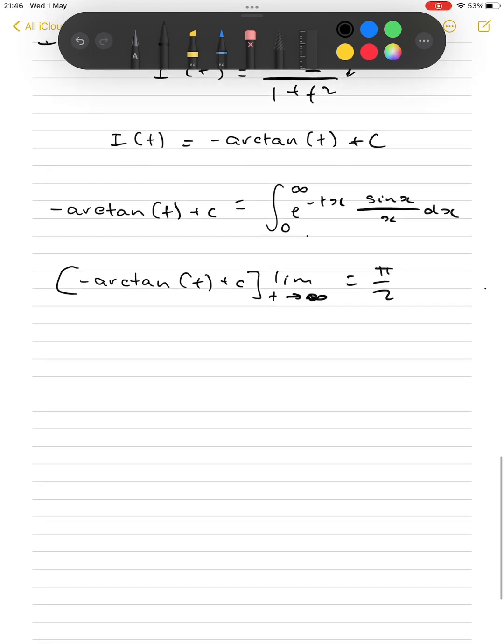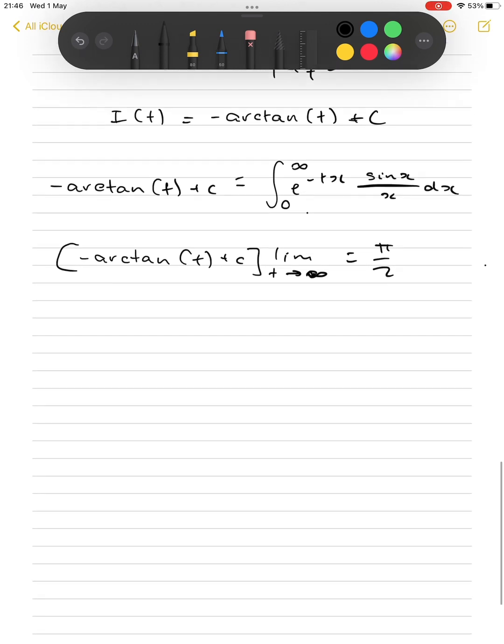Pretty standard. Now, to evaluate the limit of the integral on the right, all of this doesn't matter to us.